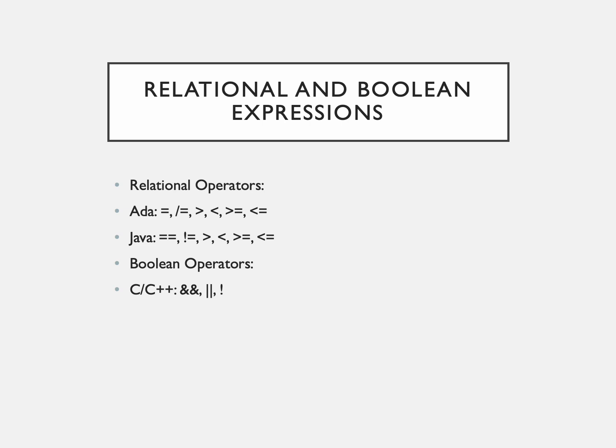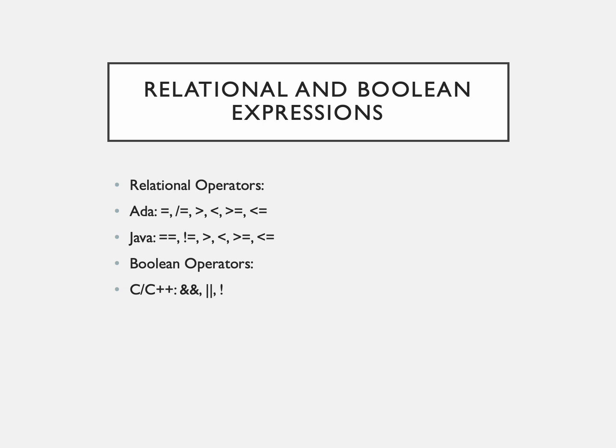In Java and also in C and C++, we have equals and not equal, with the same meanings as in Ada. These are used in conditional structures like if, while, and for. Then there are Boolean operators, which combine true and false values using logical operators.